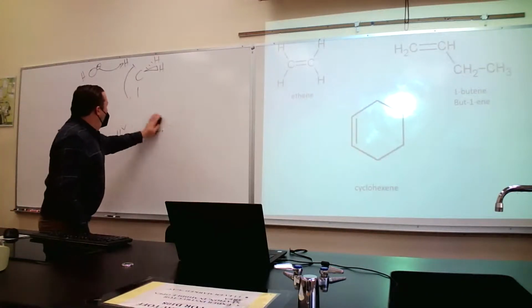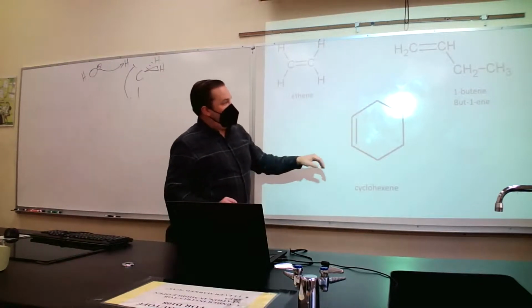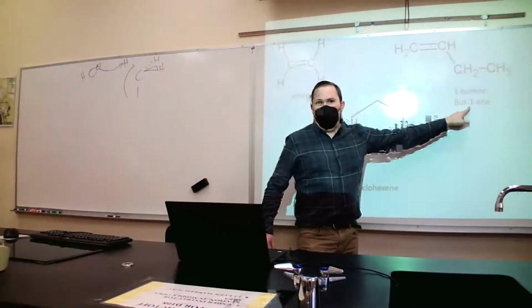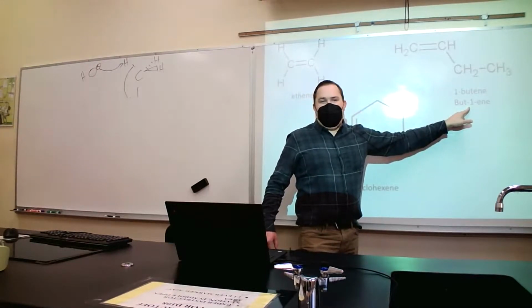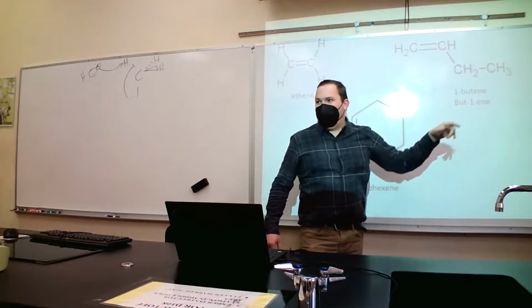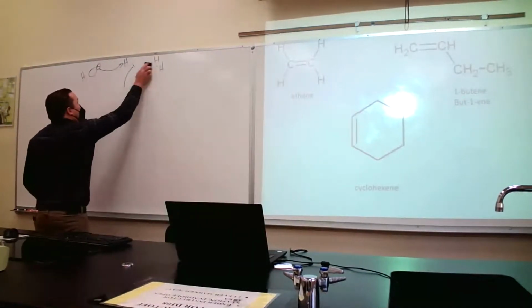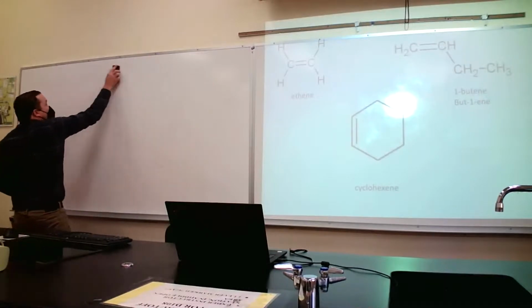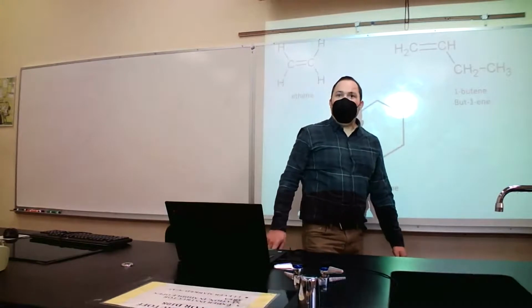And I think technically the IUPAC way of naming these now actually puts the locant in the middle of the molecule, because that allows you to add multiple suffixes to the same molecule. But it doesn't look nearly as good. So 1-butene rolls off the tongue a lot easier than but-1-ene.